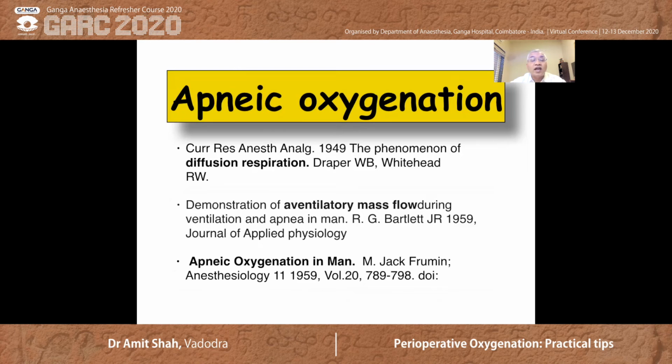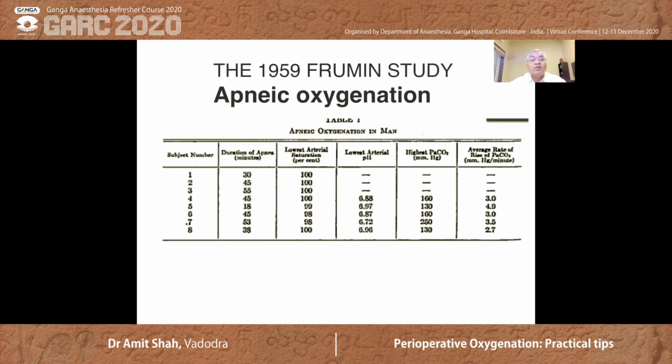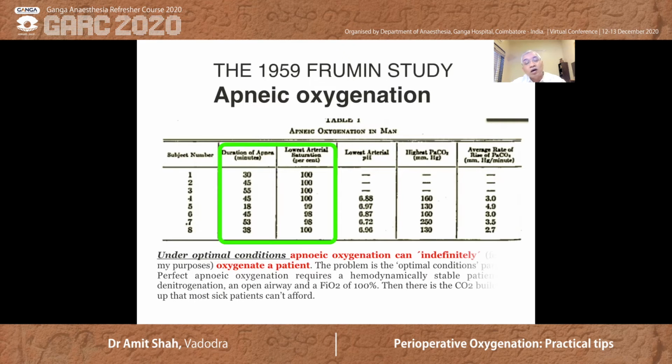In 1959, Jack Frumin actually coined the term apneic oxygenation. What he did, he intubated the patient and then continued only oxygen flow but stopped the ventilation. And to his surprise, for almost 55 minutes, none of the patients actually desaturated. Only the patients had a high increase in PaCO2. And what he inferred was that apneic oxygenation can indefinitely oxygenate a patient.